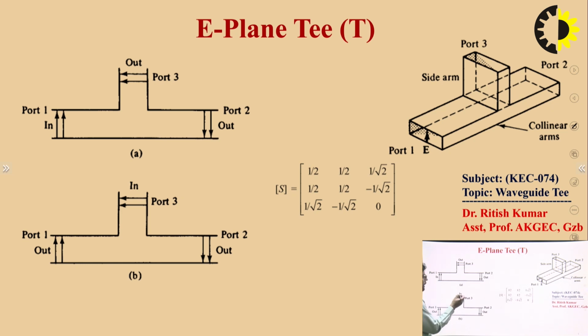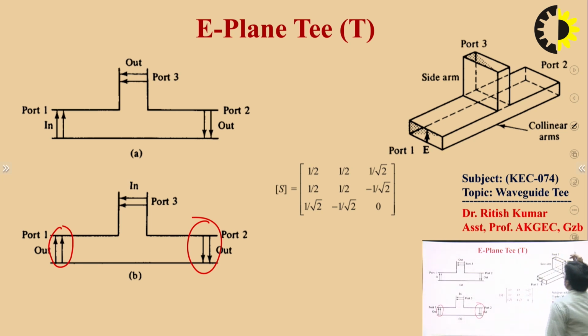If you apply the input at port number 3, the output you will get at port number 1 and port number 2, and you can see both are in opposite phase with each other.